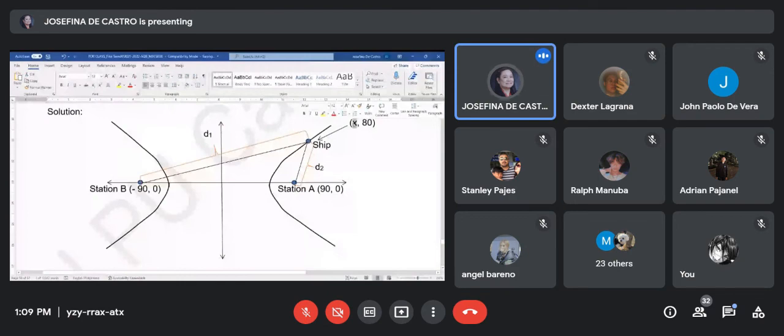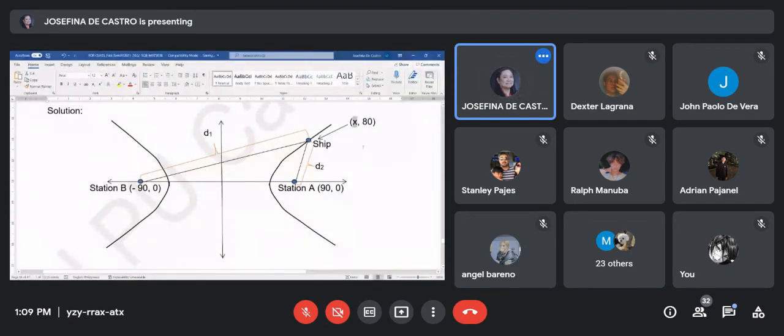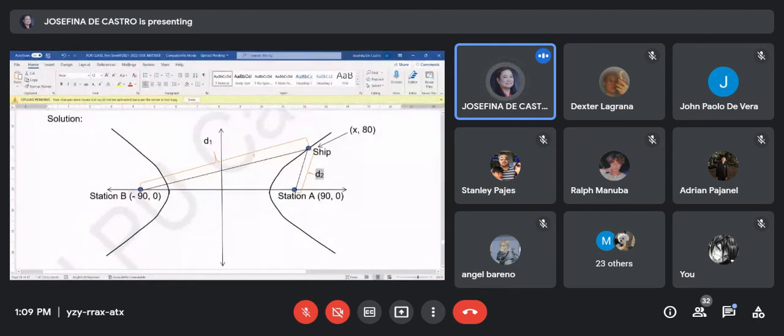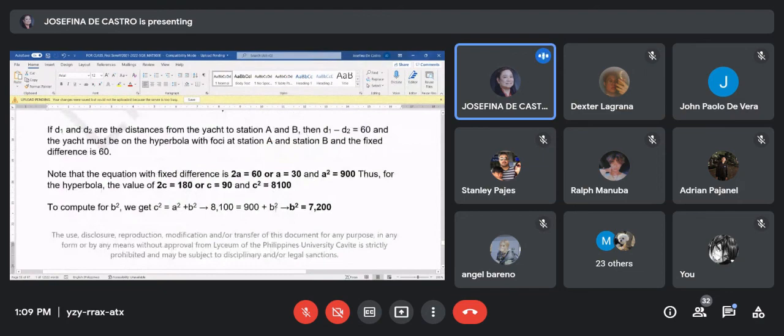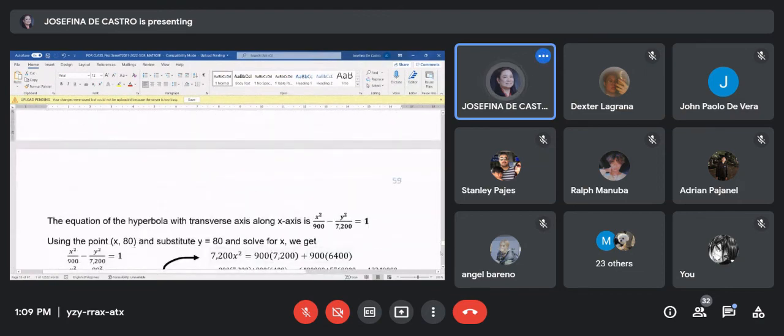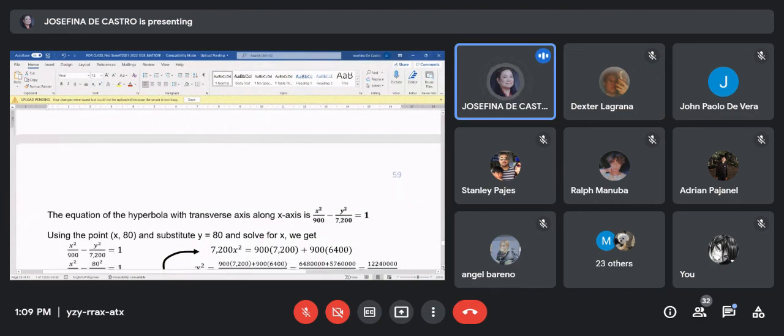Using the distance formula, para makuha natin ang distance niya kay yacht A, kay yacht B, at makuha natin yung distance ng station A kay ship. Distance formula tayo kasi nakuha na natin yung value ni x dito. Okay po? Nakakasunod pa po ba? Andyan pa po ba kayo? Baka napuputol po ako. Clear po ba ako?